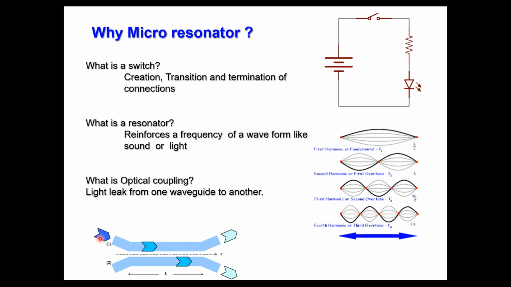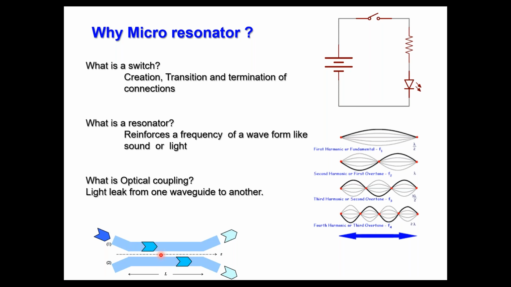For example, you have waveguide 1 and waveguide 2, two cores of fibers sitting very close to each other. You can imagine something like an uncladded fiber. So even if you give input to one of them, the light can very well penetrate into the second fiber or waveguide.